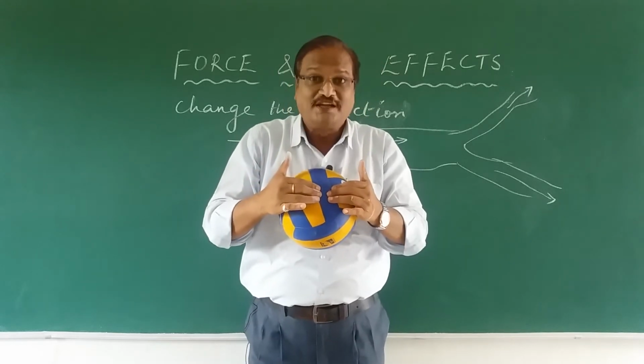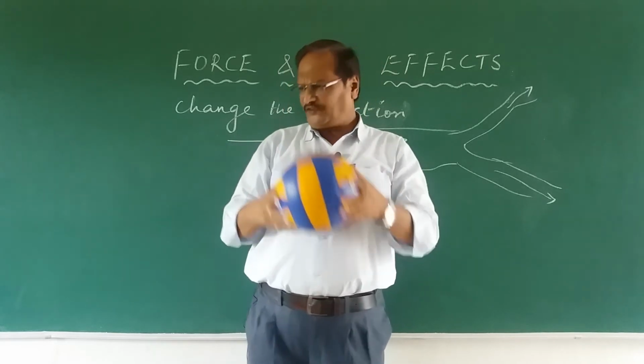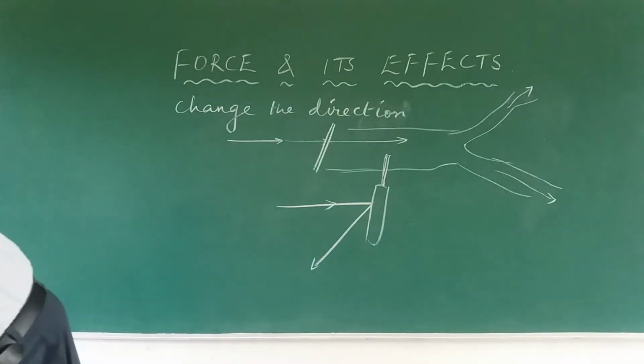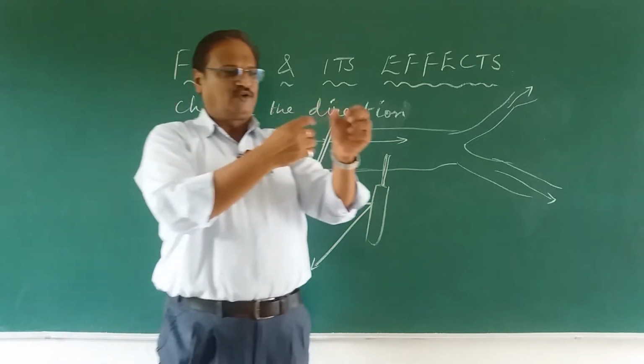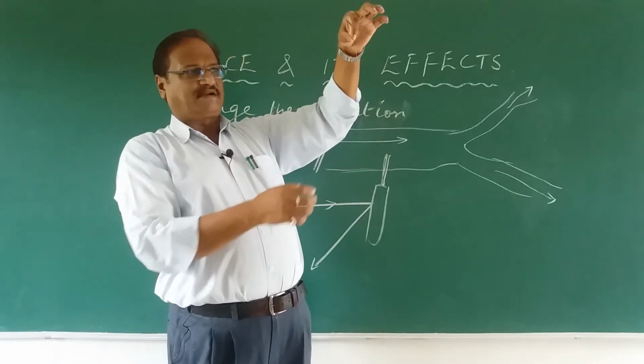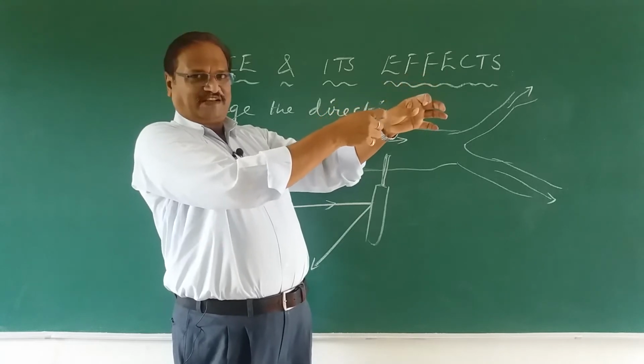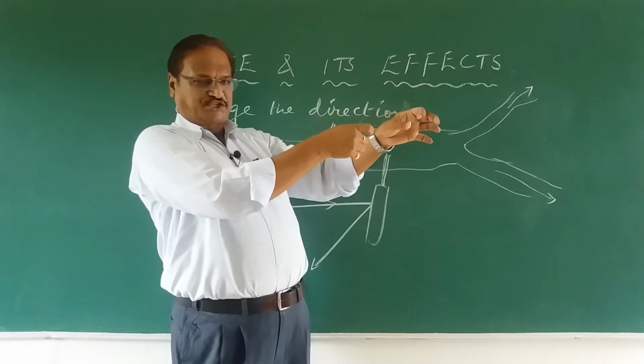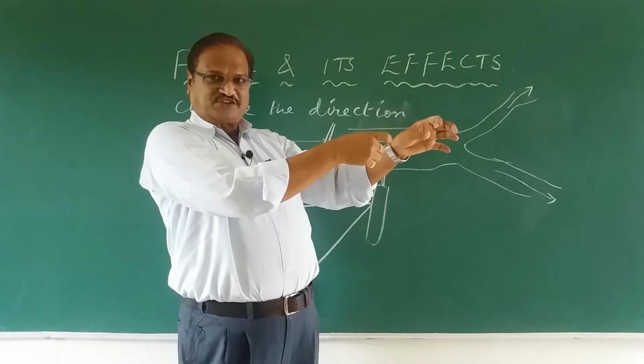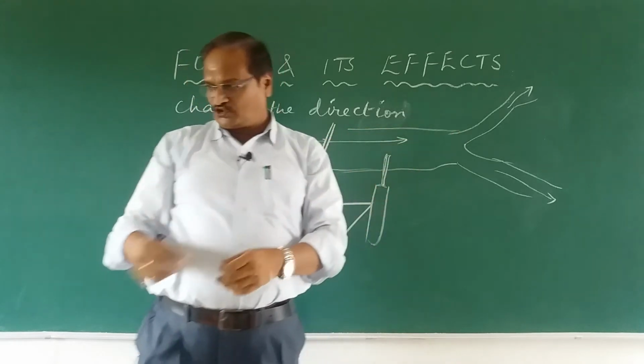For example, instead of the ball, let us take a rubber band. A normal rubber band, I stretch it like this. Within the limit, when I stretch it, it is changing the shape, meaning it is becoming extended. So this is one example.